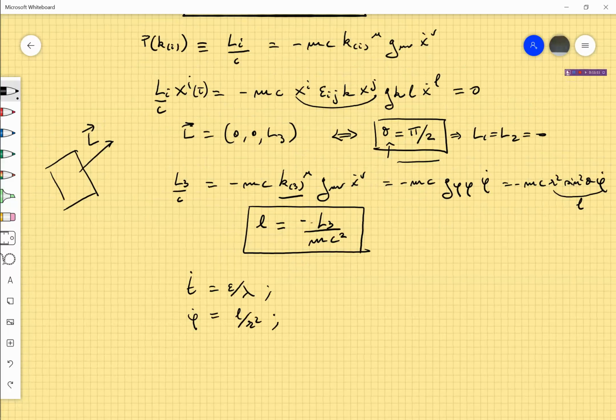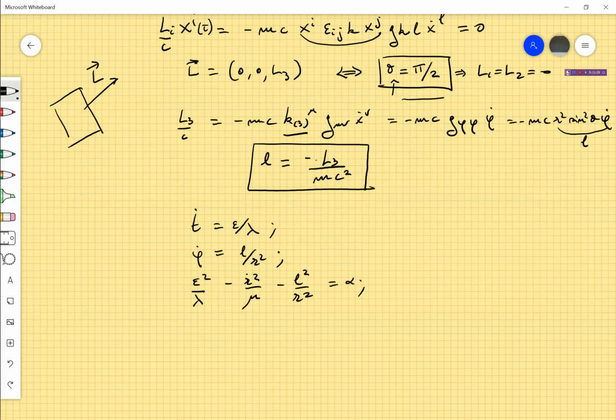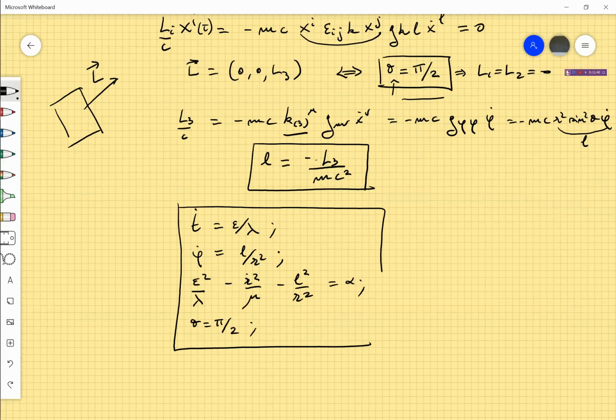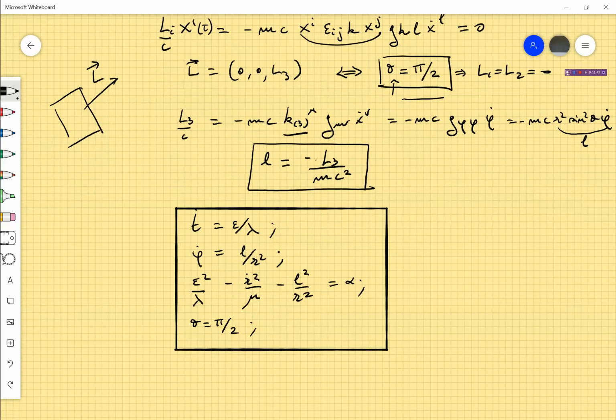So now sine squared theta is 1, and the mass shell condition takes the form epsilon squared divided by lambda minus r dot squared divided by mu minus L squared divided by r squared equal to alpha. And to this we have to add, if you want to reconstruct the solution in 4 dimensions, theta equal to pi over 2. And this is the set of equations that we will study. The last one doesn't do anything.